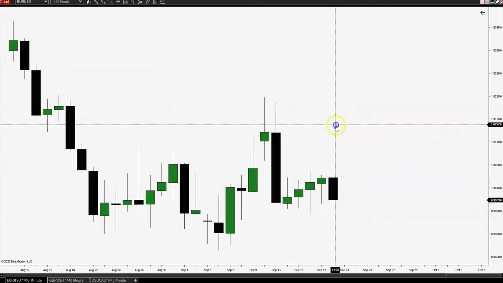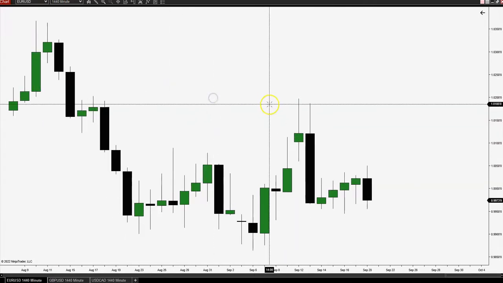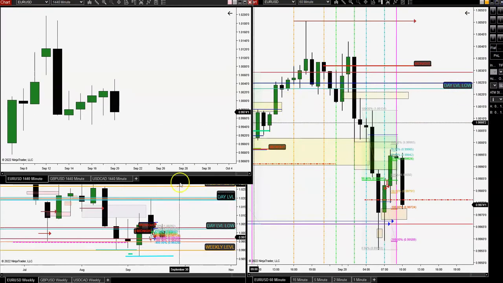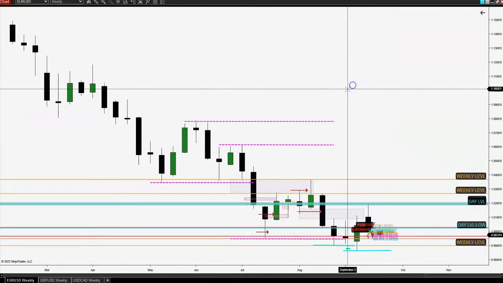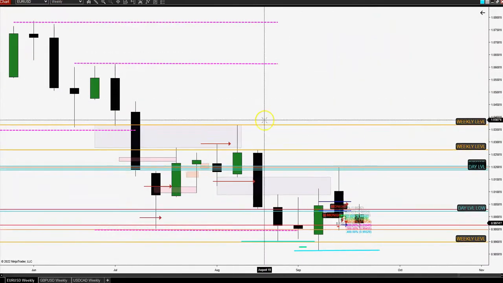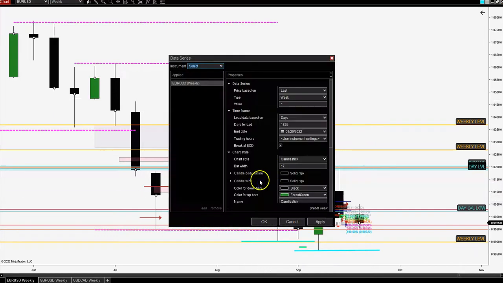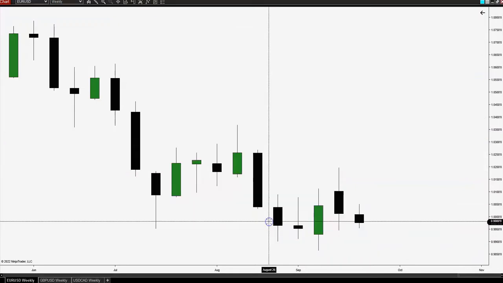So here is pretty much Euro USD, right? And so I want to use this, and then I also want to bring in the weekly too. So let me do the top down analysis here, and let me just remove all that stuff away as well.